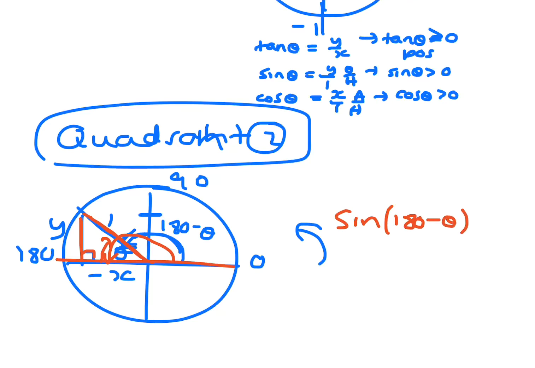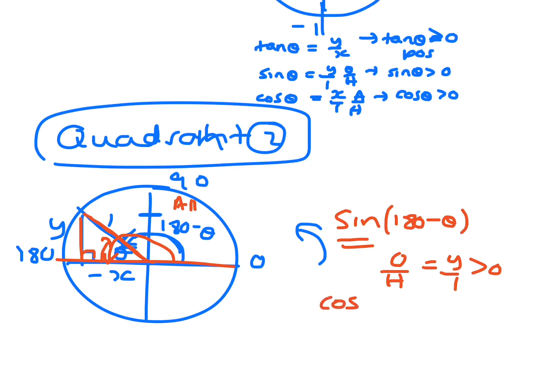which is 180 minus theta. Now in that quadrant, sine is opposite on hypotenuse, which is y over 1, which is greater than 0. It's positive. We're just looking at the signs. Like in quadrant 1, they're all positive. In quadrant 2, sine's positive.